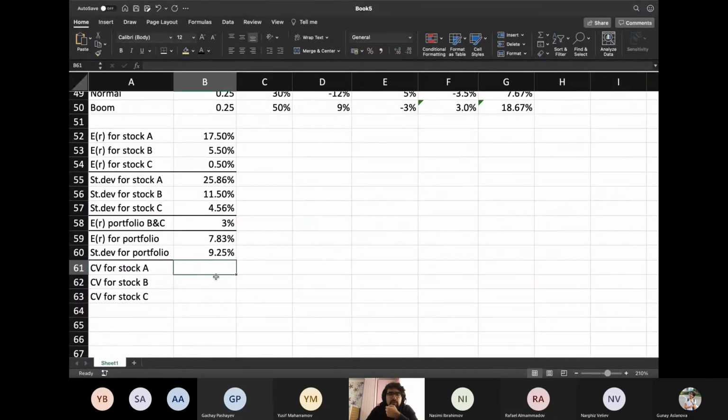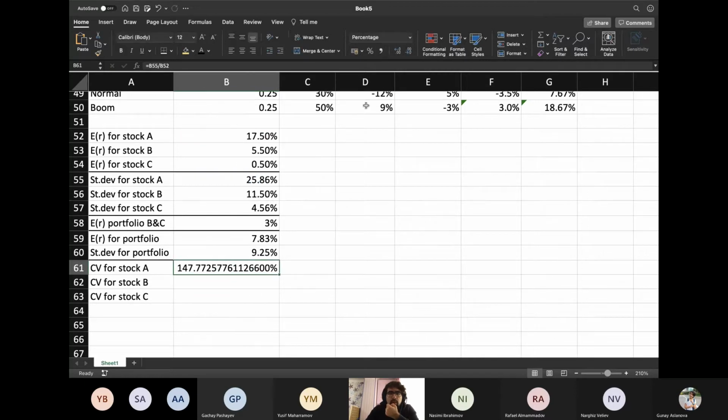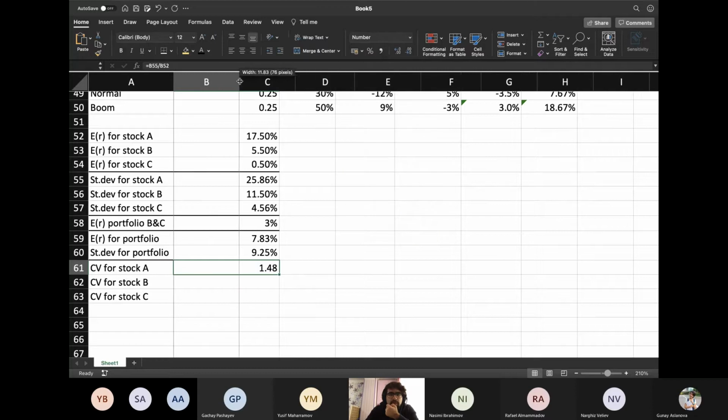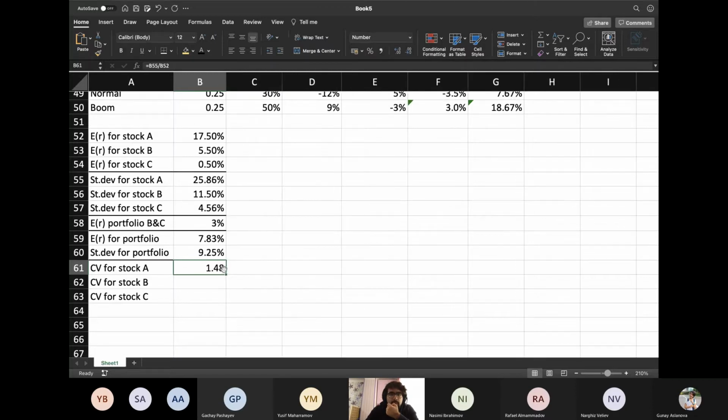Stock A, stock B, and stock C. By the formula, it is standard deviation over expected return. Wow. Okay, they are true.